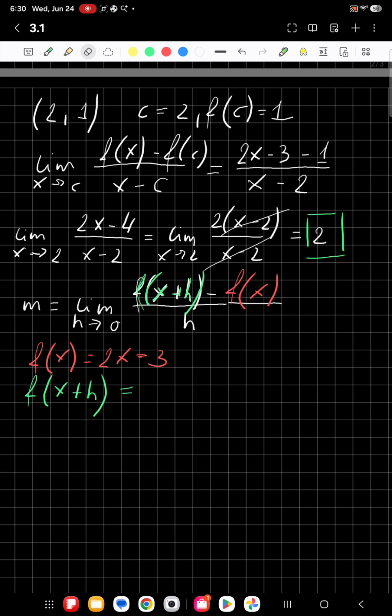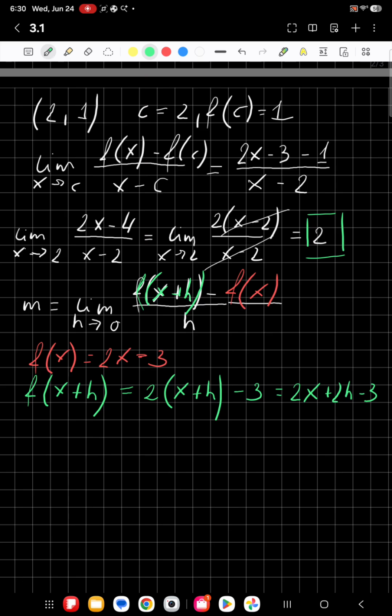So I have 2, then that x plus h, and then minus 3. Eventually it's going to be 2x plus 2h minus 3. Okay, so this is f of x plus h.